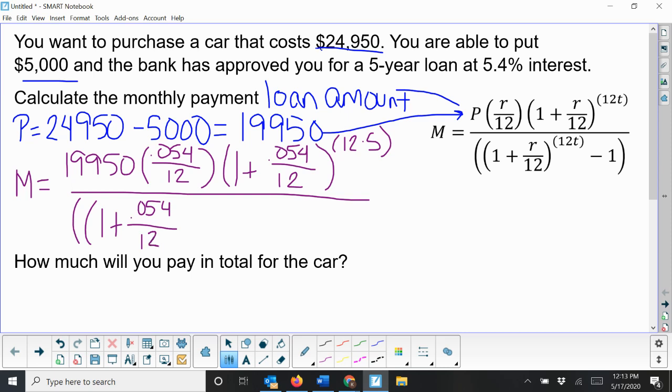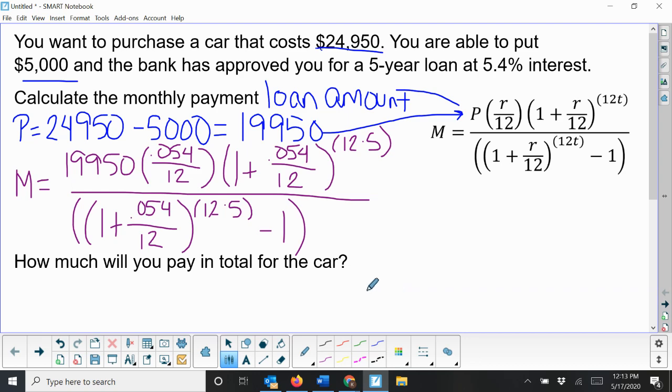It's been a little while since we've done the monthly payment formula, but it's the same idea. It's just writing everything in very carefully, and making sure that when you are typing that into your calculator or in Desmos, you are being as careful and efficient as possible so that you don't make any silly mistakes.